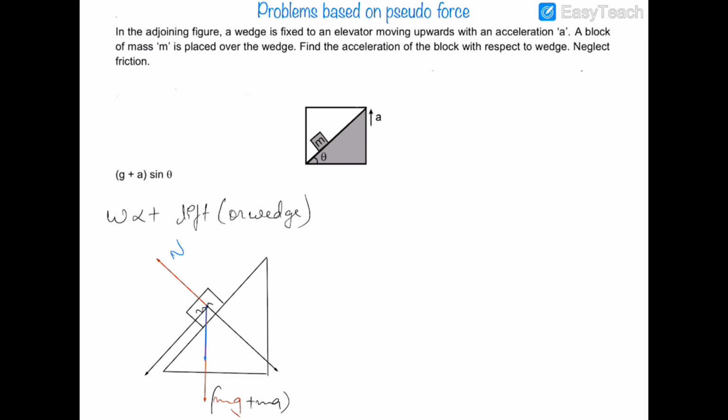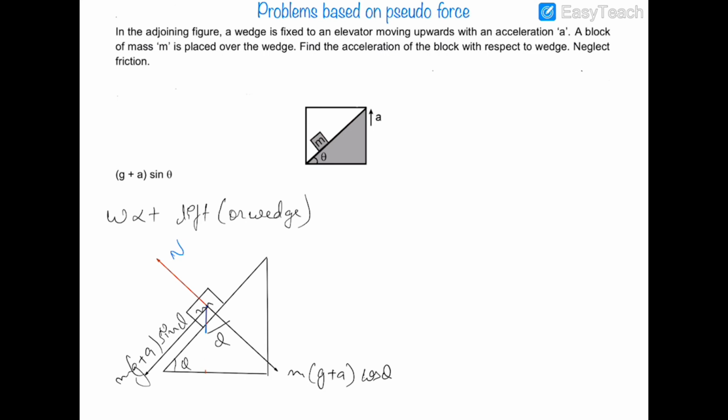So this component will be m(g plus a) cos theta, and this component will be m(g plus a) sin theta. As we all know that this angle will be theta, and therefore since I have already resolved this force, I should erase it from the diagram.